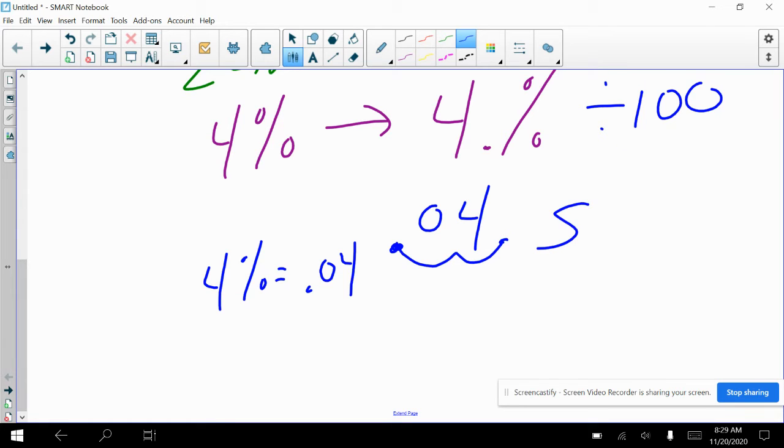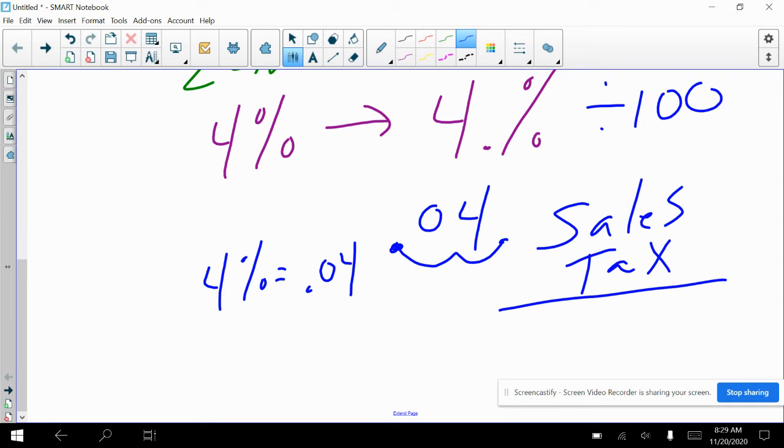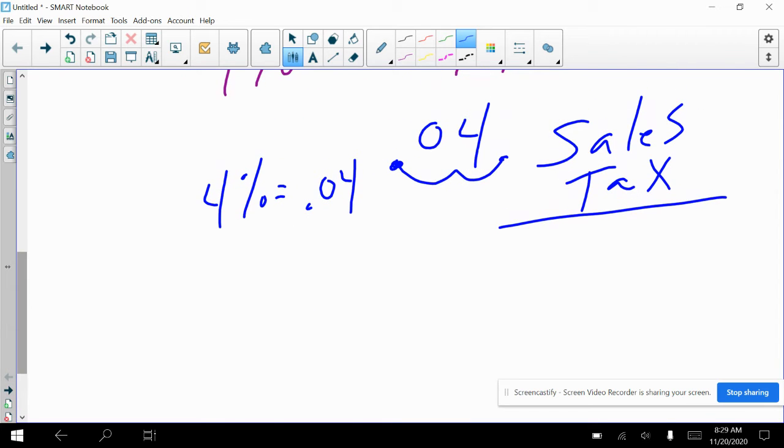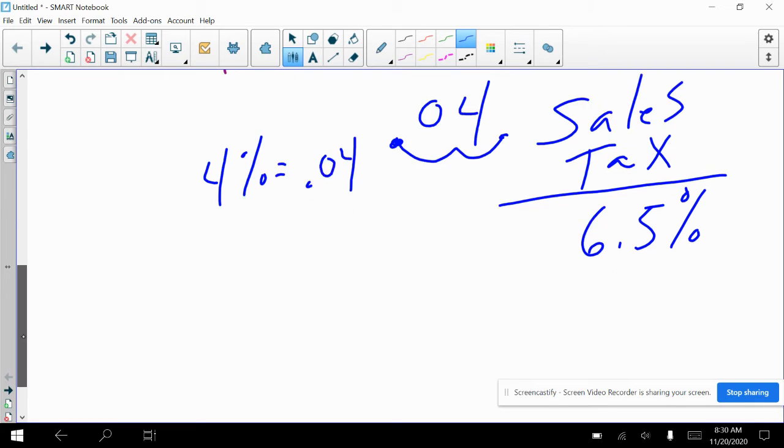Okay, this is no different. We're going to go off topic here just for 1 second, but something called a sales tax. You've heard of this, yes? If you buy an item, there's a tax associated with it, yes? Does anybody know what it is here in Stark County, roughly? I believe at the moment it's 6.5%. So that means really simple math.